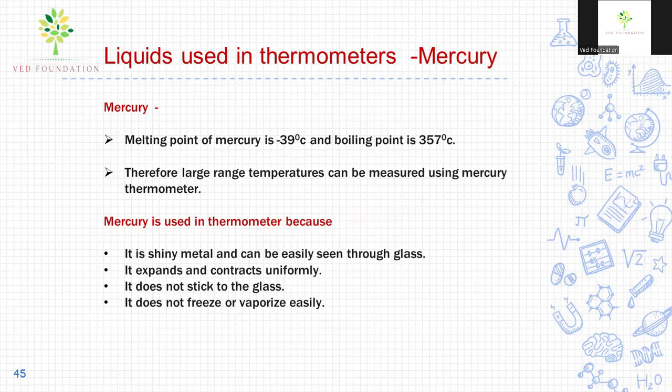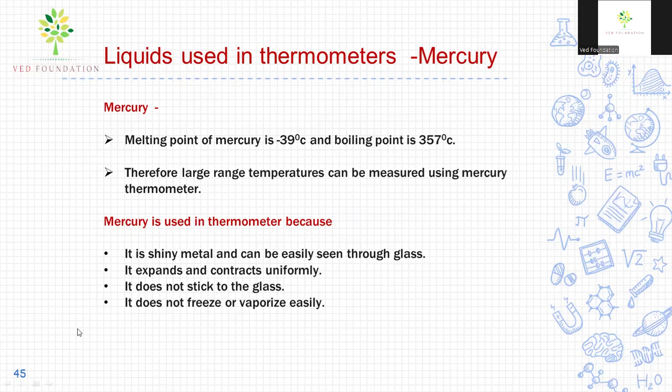There are other reasons also to choose mercury as a thermometric liquid, and they are: mercury is a shiny metal. It has silvery look and that's why it can be easily seen through glass. It expands and contracts uniformly because it is good conductor of heat. Mercury is the only liquid metal and so it can flow. We can't use solid metals in thermometer because they are in solid state, but metal strips are also used to measure temperature.